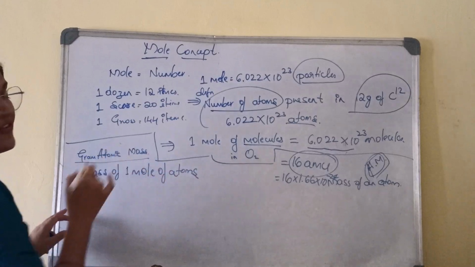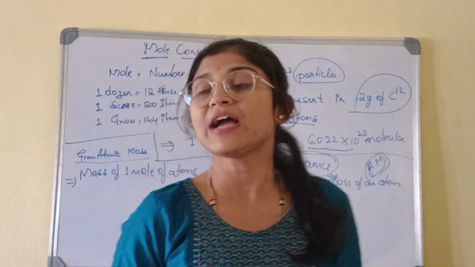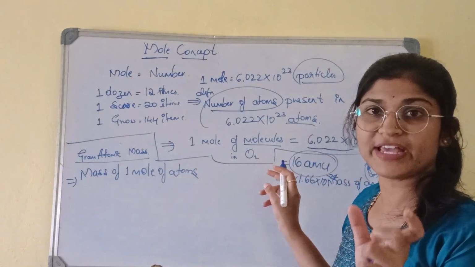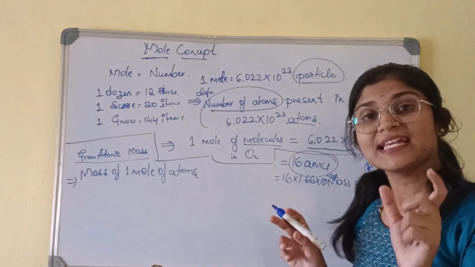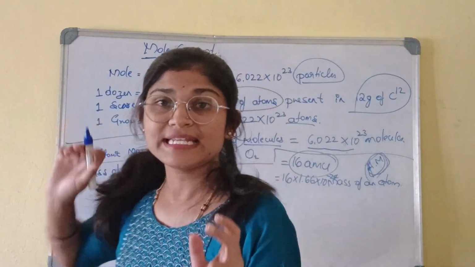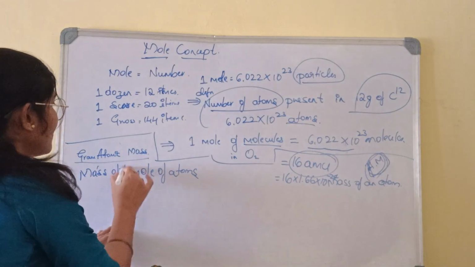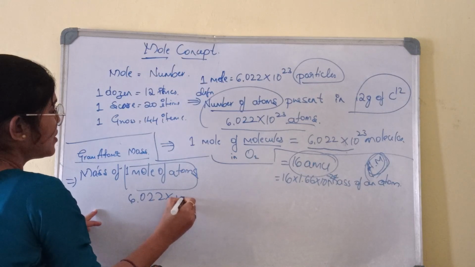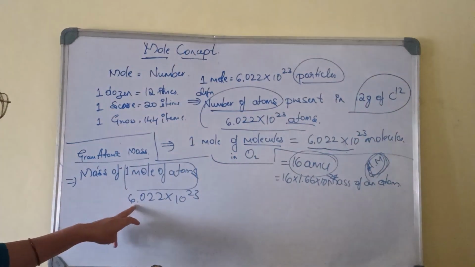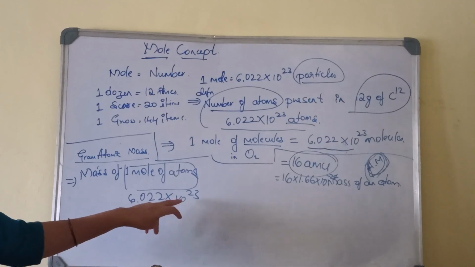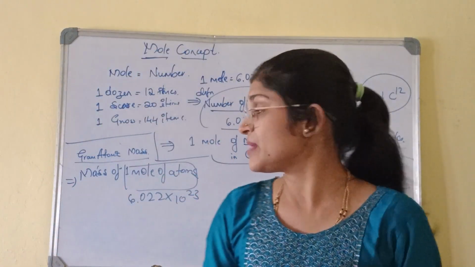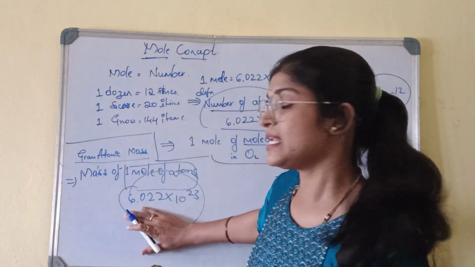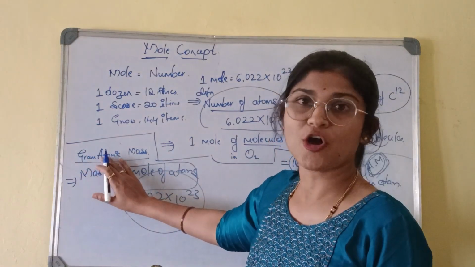Atomic mass is the mass of a single atom, whereas gram atomic mass is the mass of 1 mole of atoms, which is 6.022 into 10 to the power 23 atoms. The mass of this many atoms is called gram atomic mass.